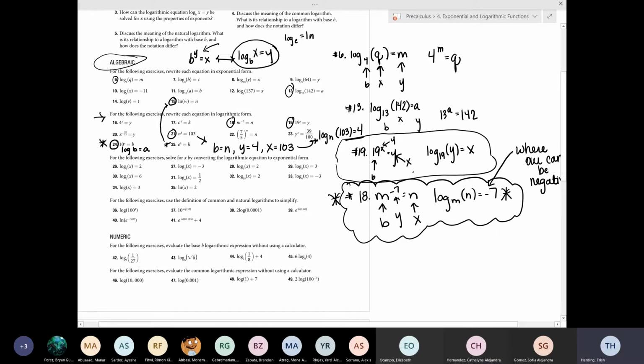And if you have ln, you know your base is going to be e. Similarly here, if you have the log but you don't see the base, you know that it would be 10. Okay.